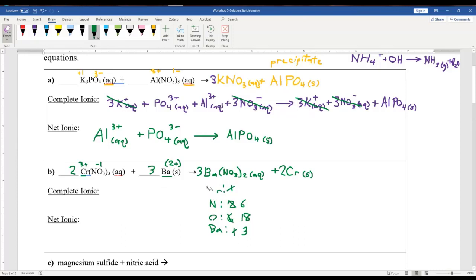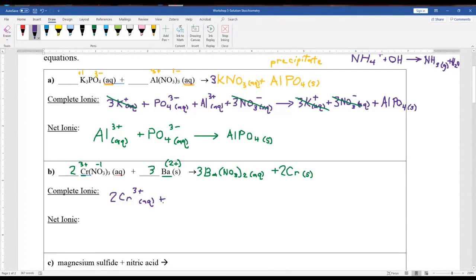All right, so now let's break down the complete ionic equation. And we had already started. So what does this break apart into then? 2 chromium 3 plus. 3 nitrate.